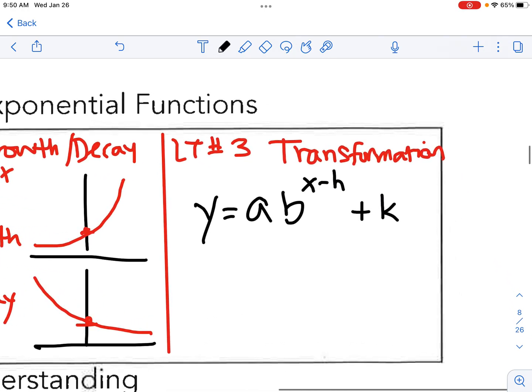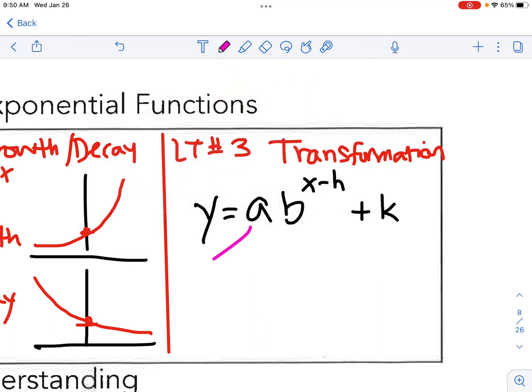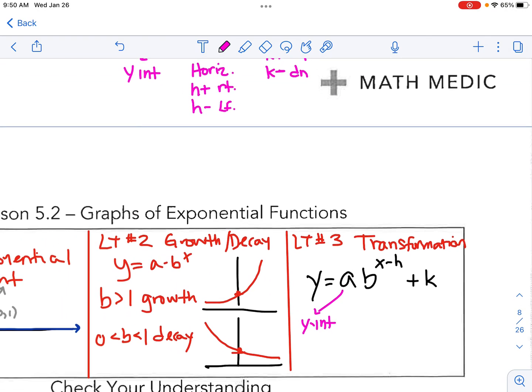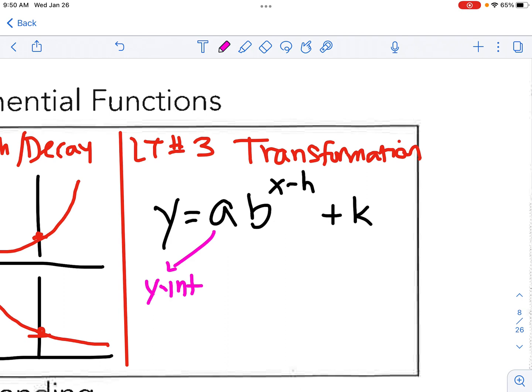This is our y-intercept. I'm just taking the wording from up here. This is our horizontal shift.